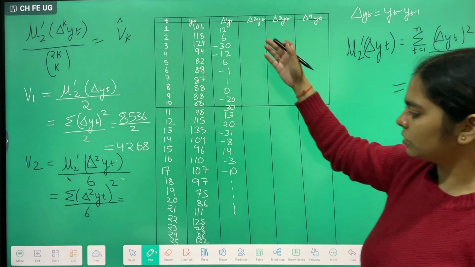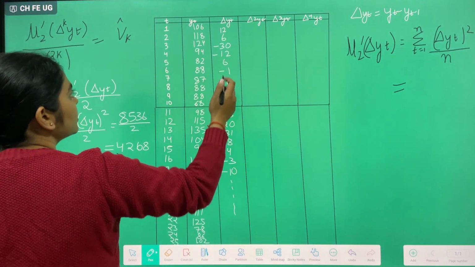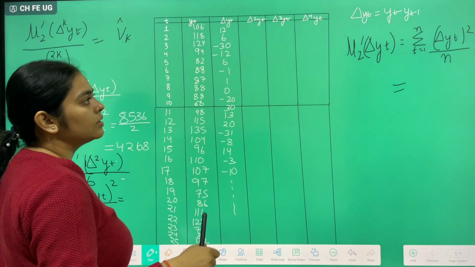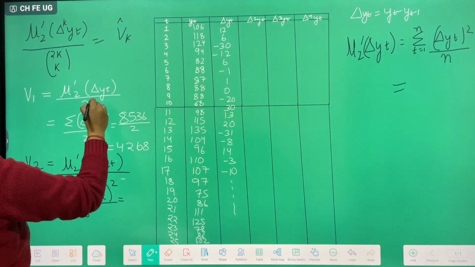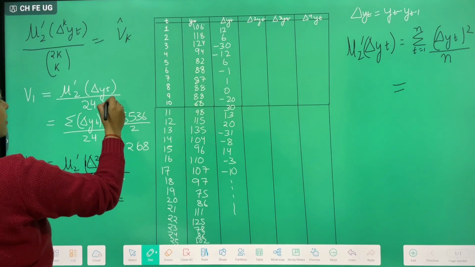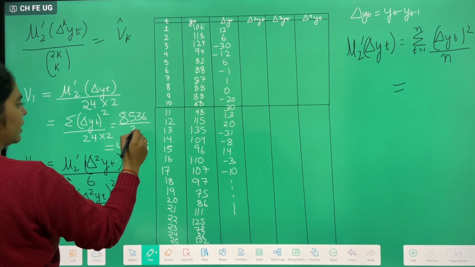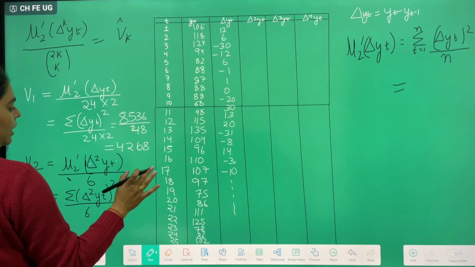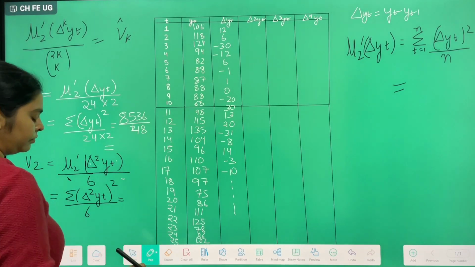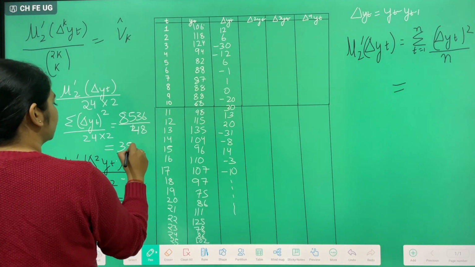Here n is 24, because we are differencing, so there would be 1 unit less. So we'll divide this by 24, and because v1 is upon 2C1, we'll divide it by 24 into 2, which is 48. If we divide by 48, we'll get our answer as 355.667.